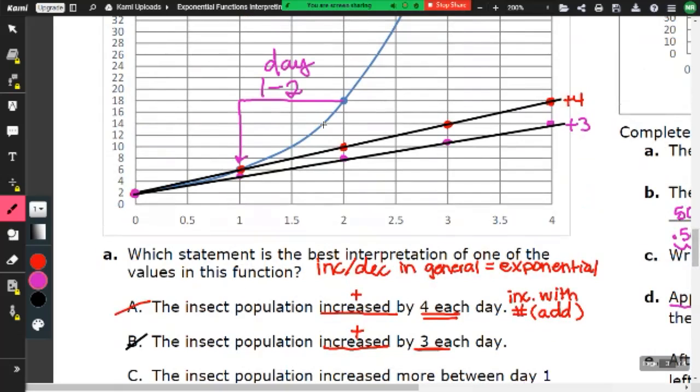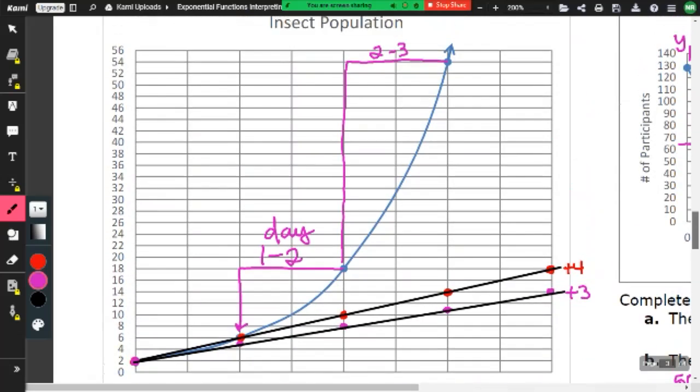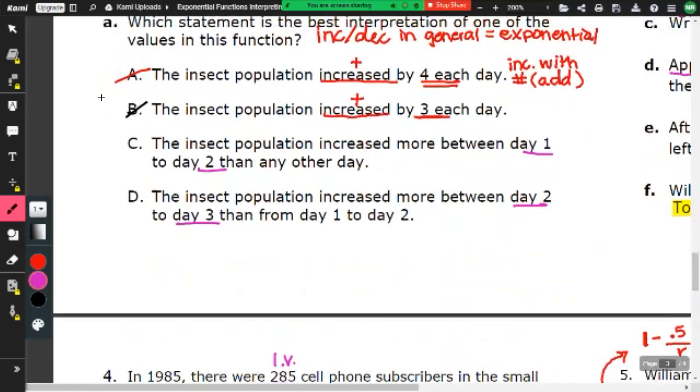The other one says that the biggest increase was from day 2 to day 3. Which one has the larger gap? Day 2, day 3. So my answer is D. Next one. Ready? D.